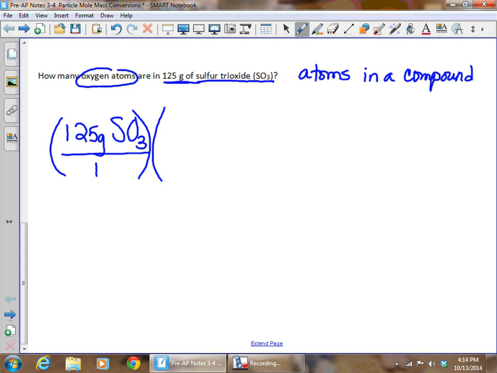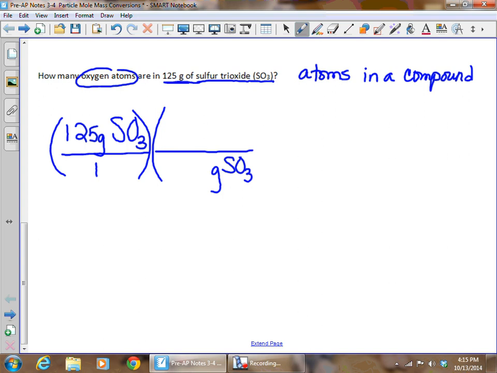And now we're looking at our parts of a whole. How many atoms are there in a compound? So what can we use next? We know we need grams of SO3 on the bottom. Well, the only conversion factor of the 3 that even involves grams is our molar mass. So what do we need to find the molar mass of? We need the molar mass of SO3.